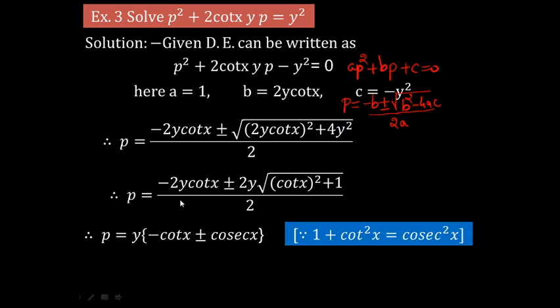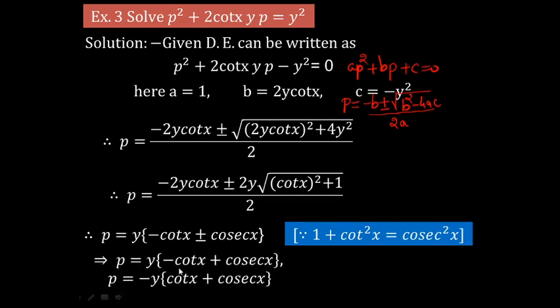So we have y outside, minus cot x plus minus under root of cosec square x, which is nothing but cosec x. So here you will find the two values, first by taking the positive sign and then the negative one. So what are the two roots of p? That is y into minus cot x plus cosec x, and another value of p is minus y into cot x plus cosec x. Let's consider these two factors one by one, so as to get the solution.